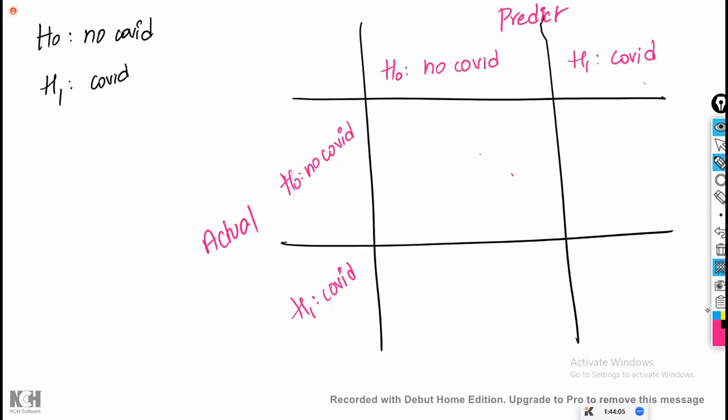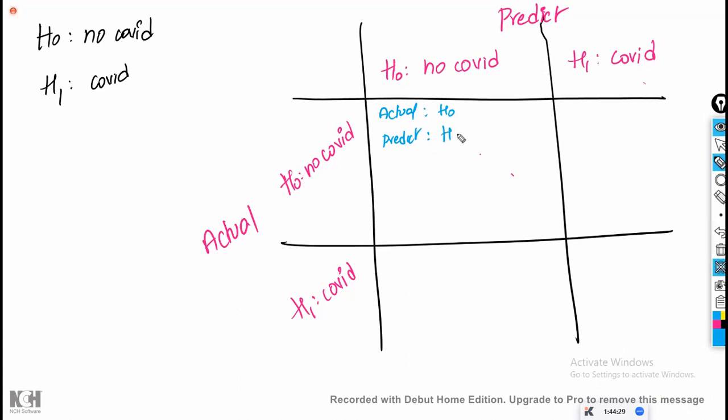Right? Now, coming to the first cell, cell number 1. Tell me what is actual and what is predict. Actual is H0, that is no COVID. What have you predicted, H0 or H1? H0.